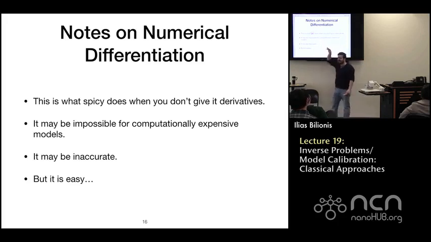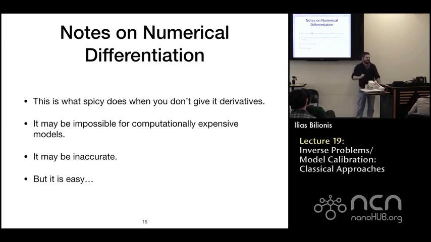The other problem is that it is inaccurate, because unless you choose these h's just right, it's not going to work. And unless you pay attention to scale your x's properly and your f's properly, the default choice of h for SciPy may not work. But again, it's just easy. So you should really just try it.